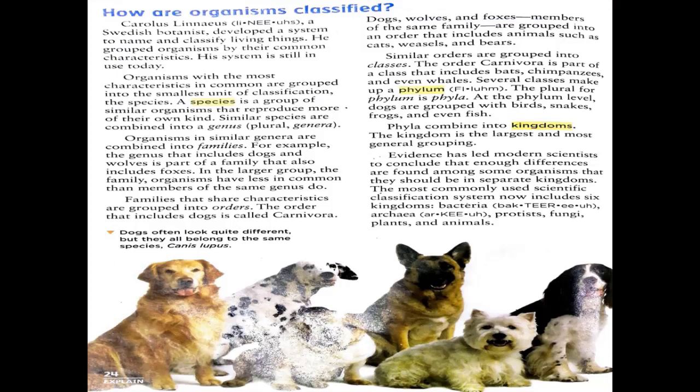How are organisms classified? Here, dear boys, Carolus Linnaeus, the Swedish botanist and scientist, developed a system to name and classify living things. He grouped organisms by their common characteristic features, and his system is still in use today.